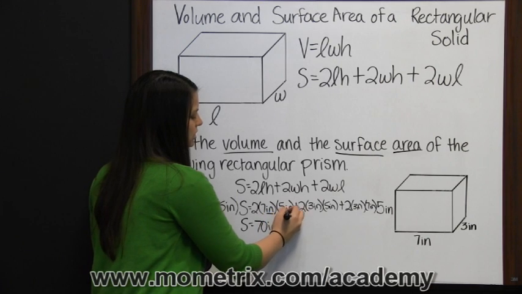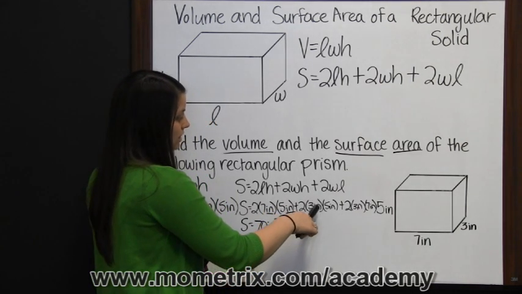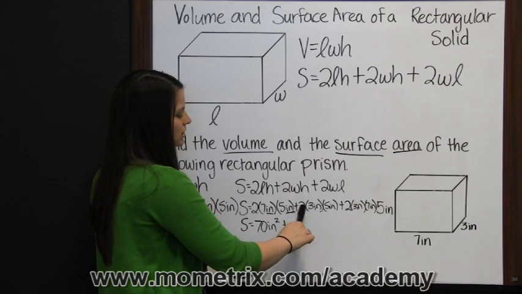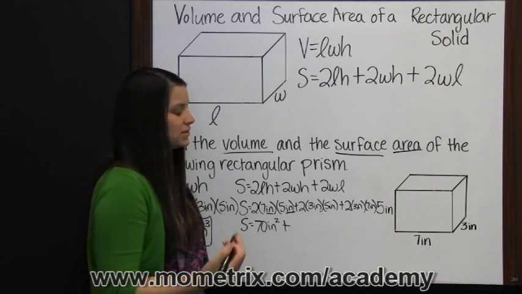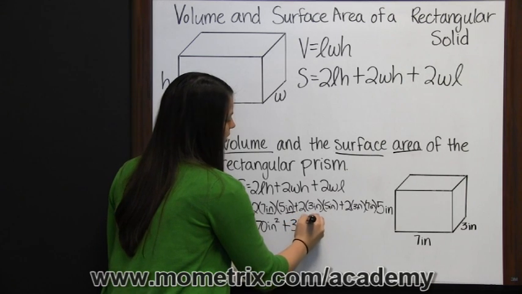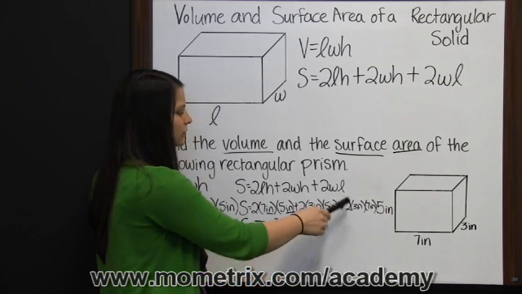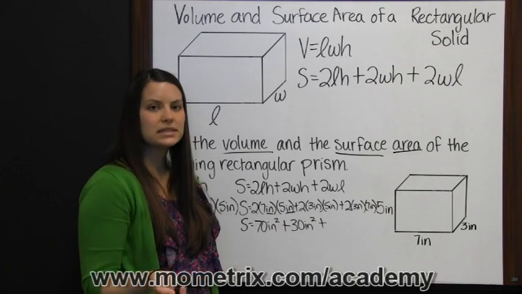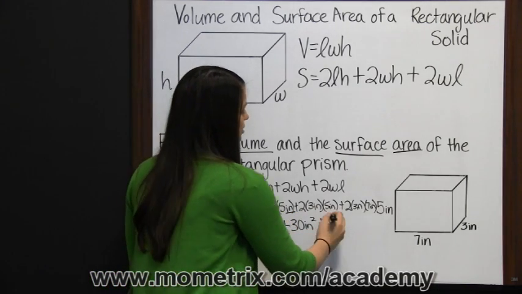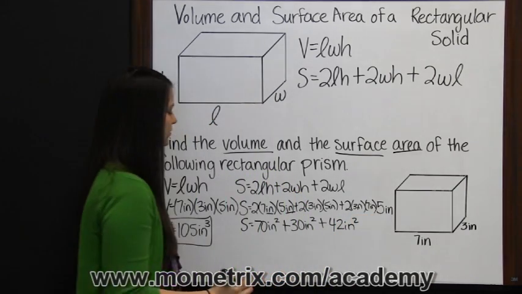And that came from your inches times inches. Plus 2 times 3 inches times 5 inches, 2 times 5 inches, 10 inches, times 3 inches, 30 inches squared, plus 2 times 3 inches, 6 inches, times 7 inches, 42 inches squared.